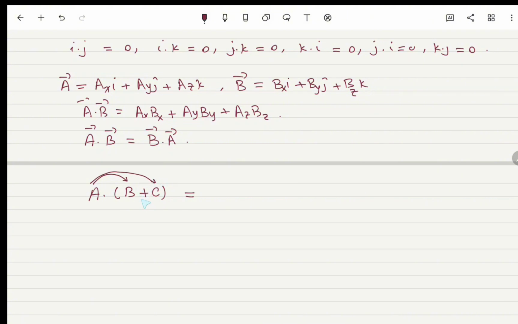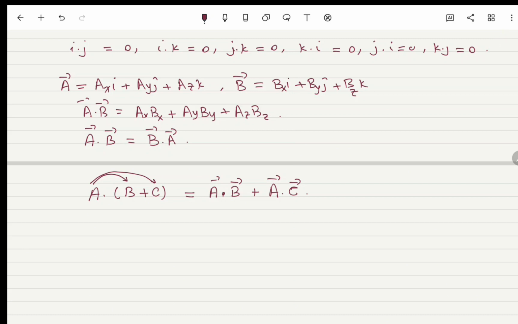The result can be added, so we can say a dot b plus a dot c, and this is known as the distributive law.